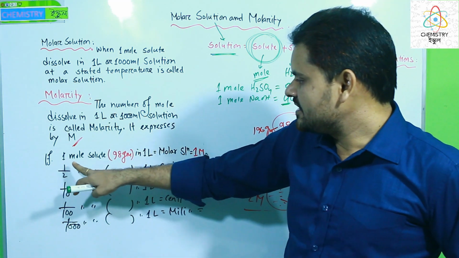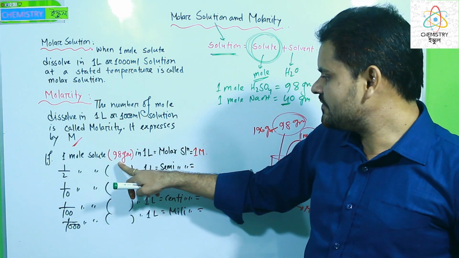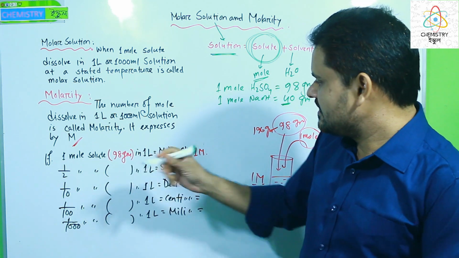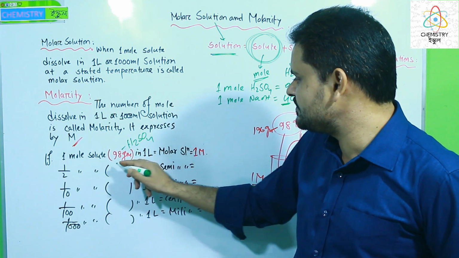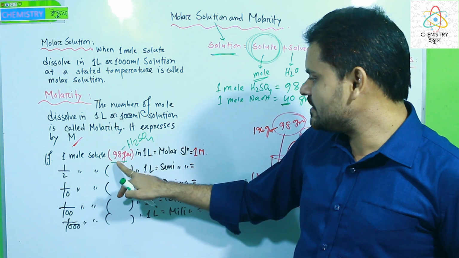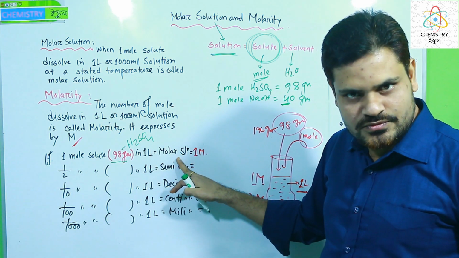Here, look at this. If I take 1 mole of solute, for sulfuric acid, H2SO4, 1 mole of sulfuric acid means 98 gram. If we dissolve 98 gram, I mean 1 mole, in 1 liter, then it will be the molar solution.